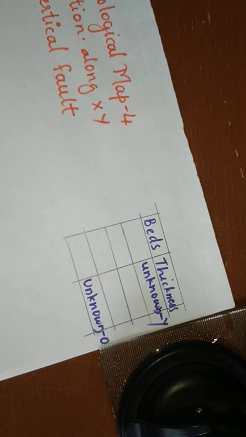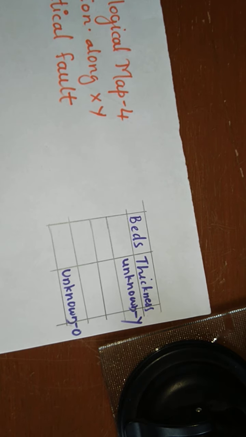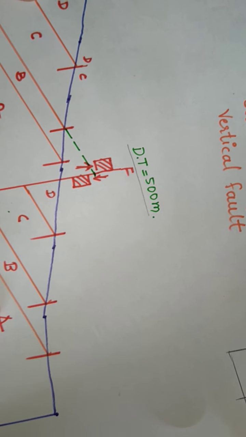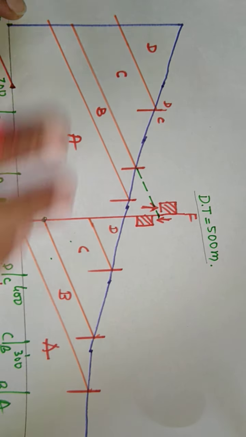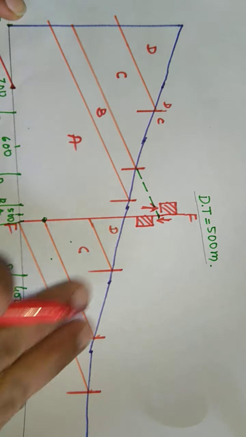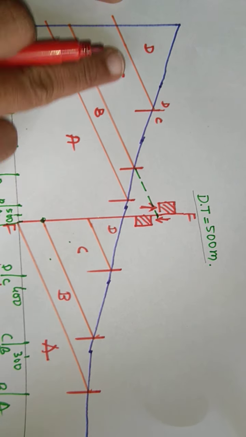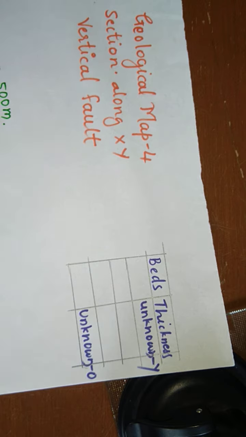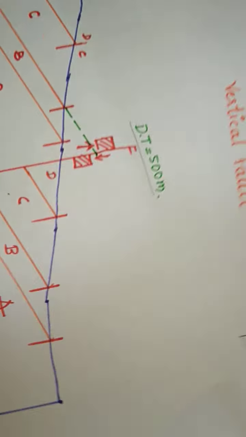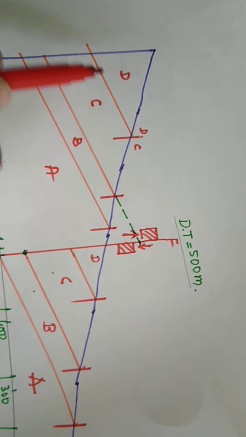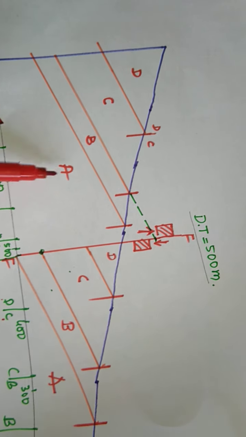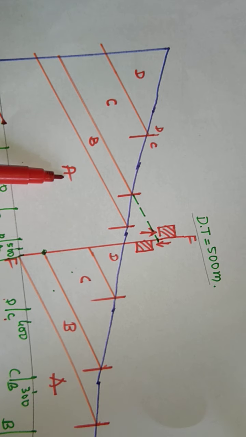Okay, now we will write the index, that is beds and thickness. So here it is a single series of beds, there are no two series of beds because the same beds have been displaced here. So we will write in the index all the beds only once. If you see here, which bed is younger and older, the topmost is the younger and the bottommost is the older bed.